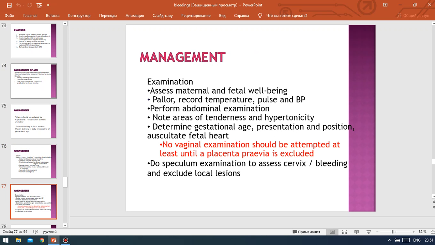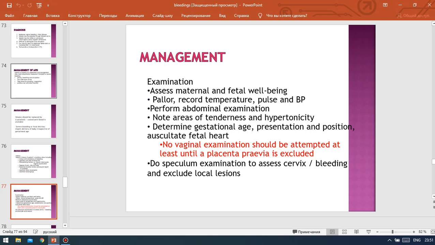Examination: assess maternal and fetal well-being, pallor, record temperature, pulse and blood pressure, perform abdominal examination, note areas, very important, of tenderness and hypertonicity, and sometimes they have contractions. Determine the gestational age, presentation and position, auscultate the fetal heart.